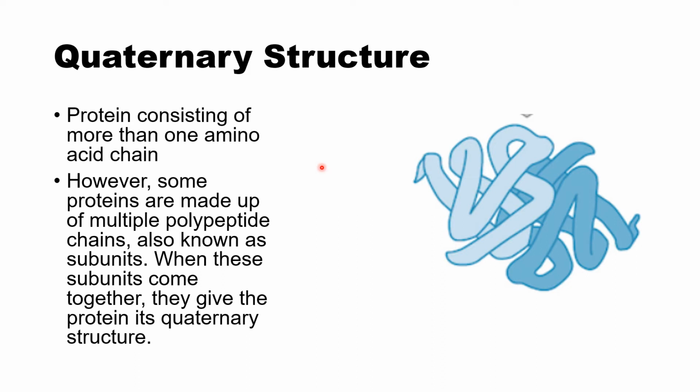Pero pag yung involved na is multiple polypeptide chains na, tapos itong mga polypeptide chains na to ay nagbaband together, nag-i-stick together, they give the protein its quaternary structure na tinatawag.